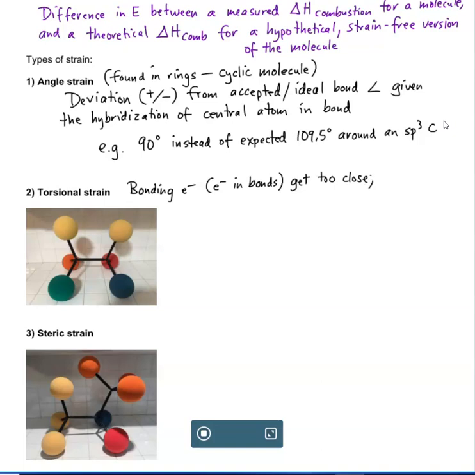And when electrons get too close, we know that what happens is that because they have the same charge, they repel, and that resulting repulsion raises the energy of the conformation that it's occurring in. So bonding electrons get too close to one another. They consequently repel, and this repulsion raises the energy of the conformation.